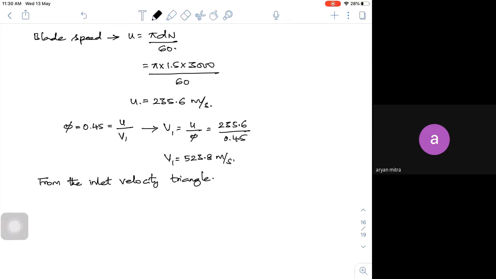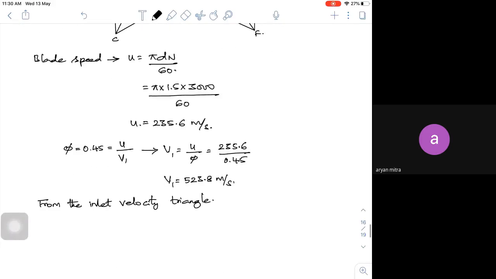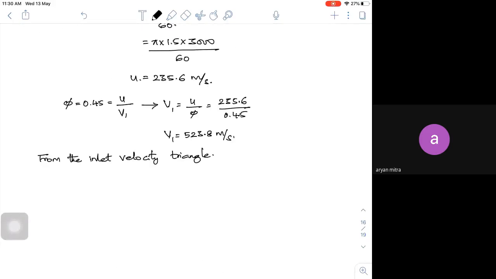We have sin alpha 1 equal to Vf1 divided by V1.